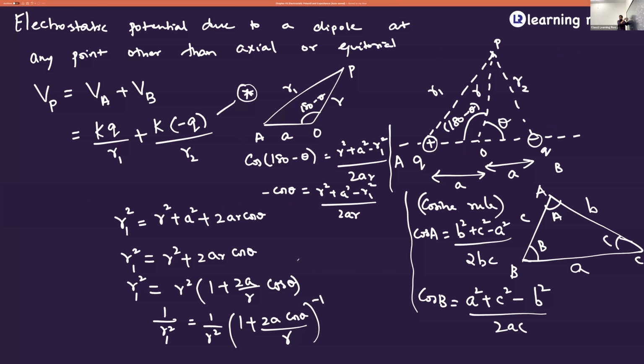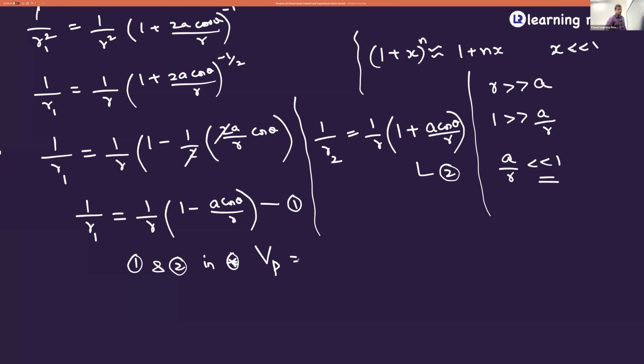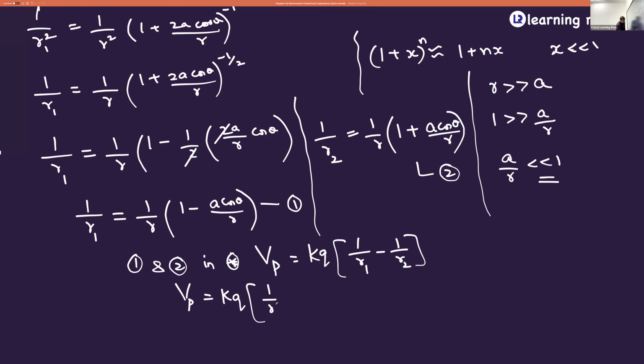If you take KQ out, you will have 1 by R1 minus 1 by R2. So potential at point P will be equal to KQ multiplied with, what is the value of 1 by R1? It is 1 by R into 1 minus A cos theta divided by R. Minus, what is the value of 1 by R2? It is 1 by R into 1 plus A cos theta, the whole divided by R.